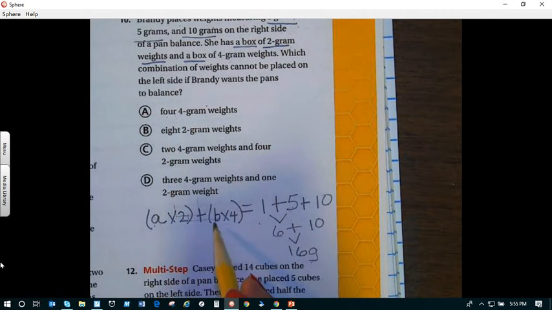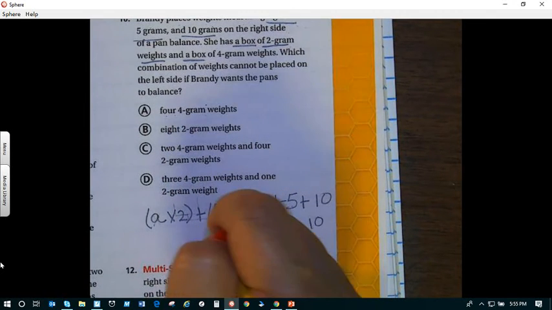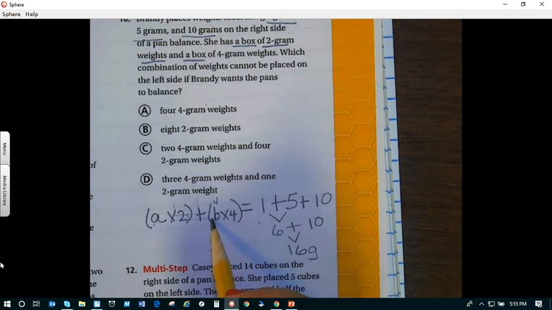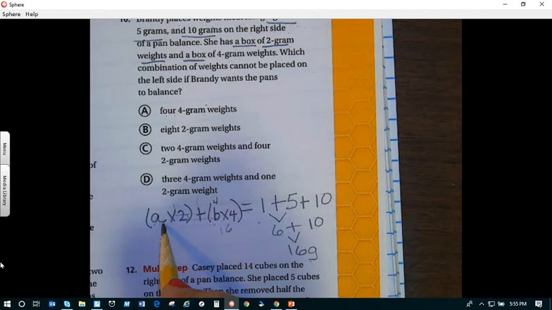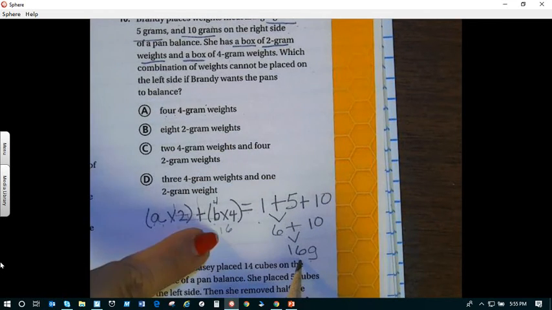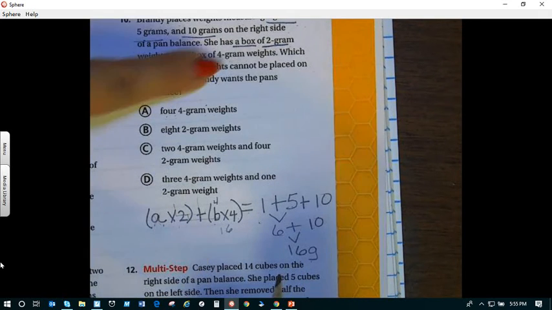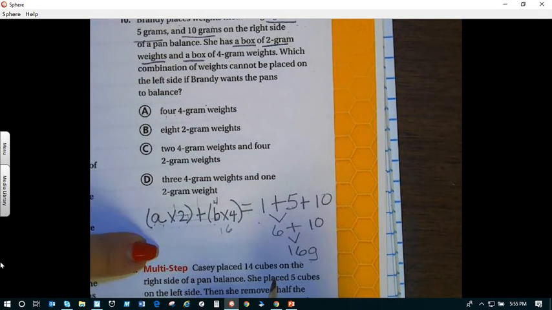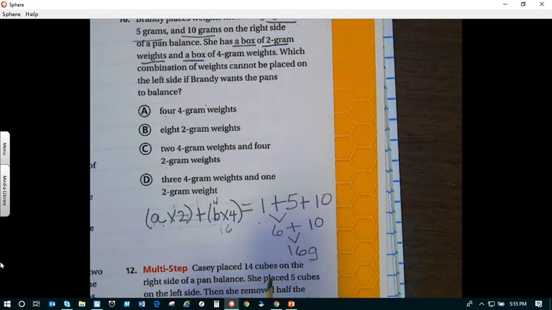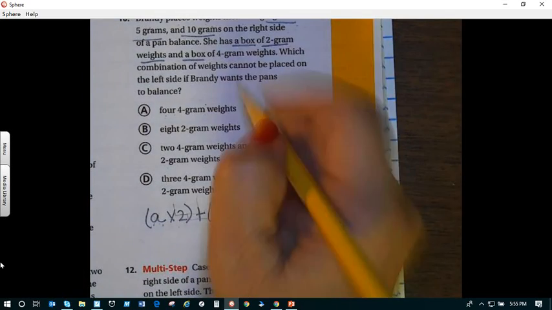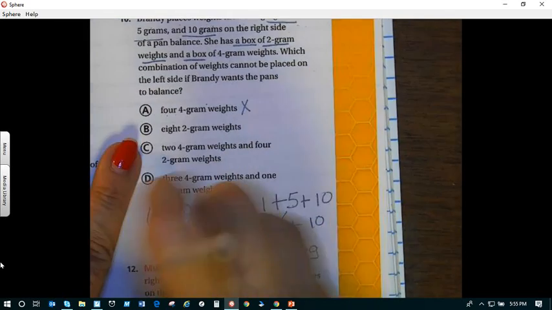So if I did 4 here, 4 times 4 is 16, but I can't do anything because I don't know how many of the 2 grams, right? Because she already has this. This equals here. But in my problem, it says that she also has a box of 2 grams of weights. So this won't work.